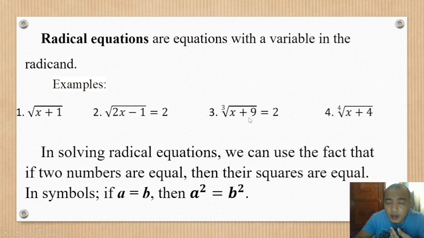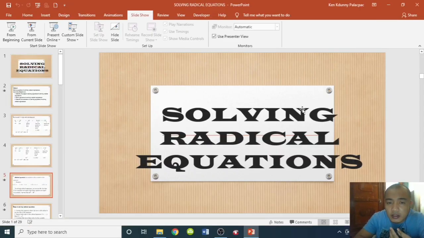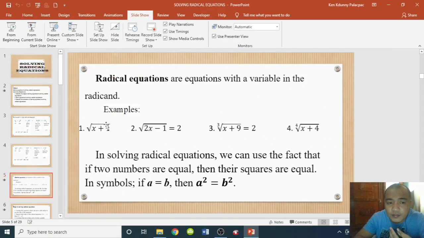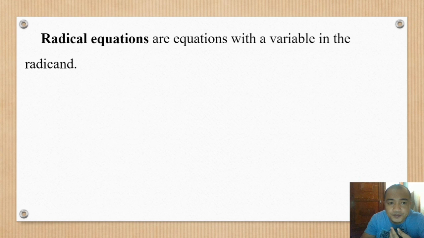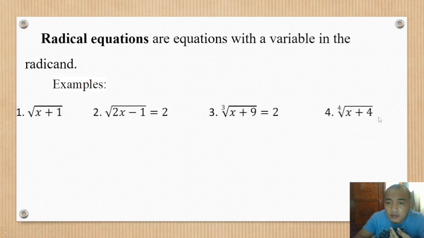Number 3, cube root of x plus 9 equals 2. Number 4, fourth root of x plus 4 equals 0. Let's see kung ma-edit natin. Okay, this is in picture form again. So number 1 and number 4 equate natin to 0 para radical equations, okay?